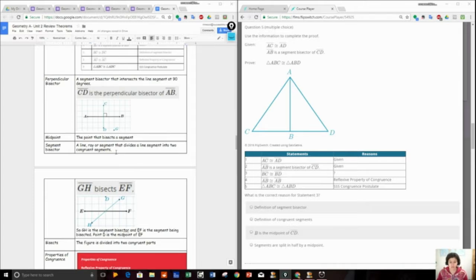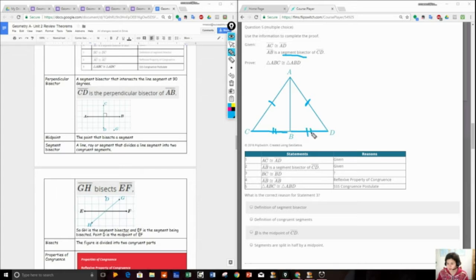So whatever it's dividing has two congruent parts. AB is a segment bisector of CD, so CD was bisected.